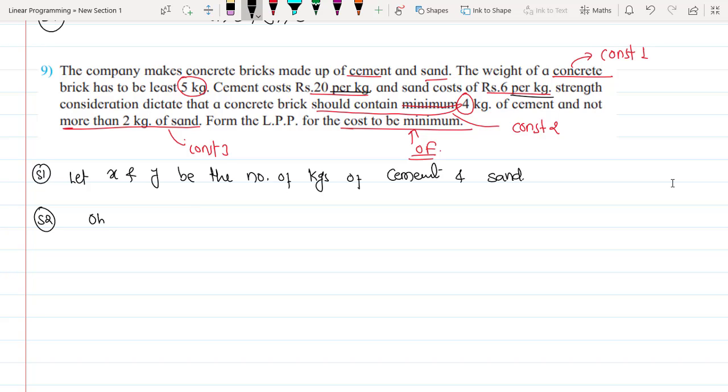Get the objective function. Objective function is z equals minimum cost, so it is 20x plus 6y, it should be minimum. Okay, so it is my objective function.